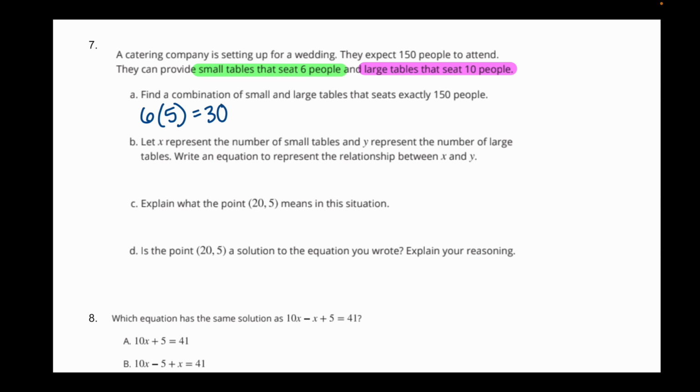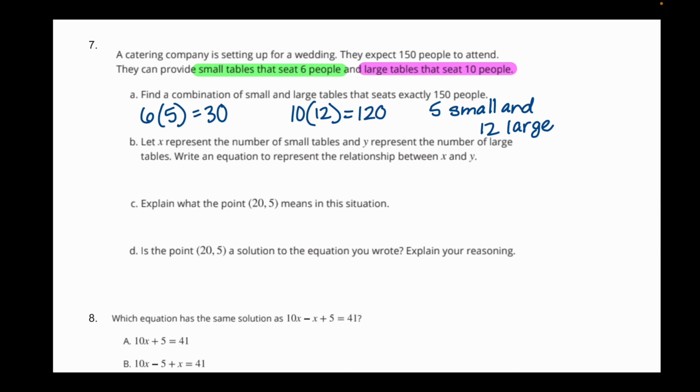And then I need 120 more, so I can use the large tables for that. I can say 10 people, and I need 120, so I can use 12. So I can say 5 small and 12 large.